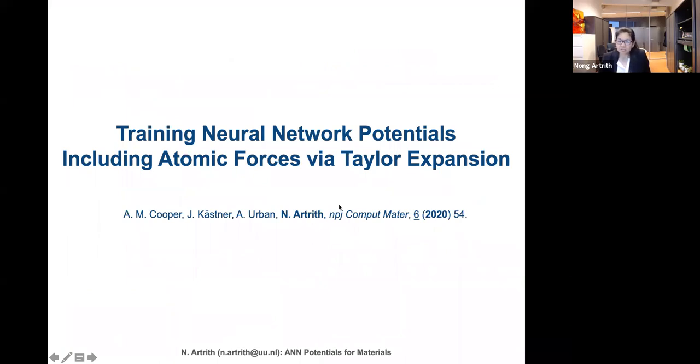Now, not only train and fit with the energies, we also develop a further method where we include atomic forces in the training sets, but including the real forces is quite expensive. So together with April and Professor Keisner from Stuttgart, we include atomic forces via Taylor expansions.